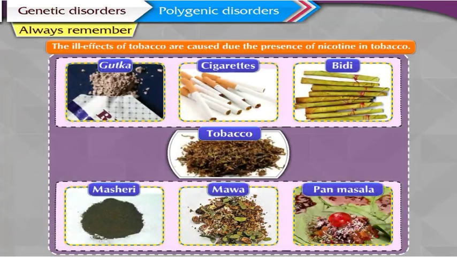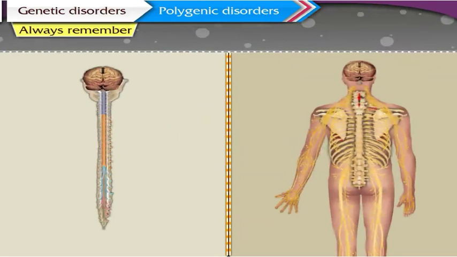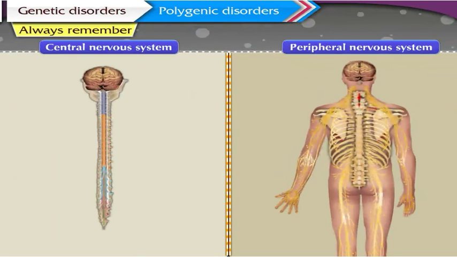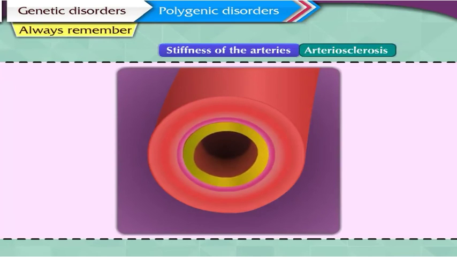The ill effects of tobacco are caused due to the presence of nicotine in tobacco. Nicotine adversely affects the central and peripheral nervous system, which can cause stiffness of the arteries, that is, arteriosclerosis and hypertension.